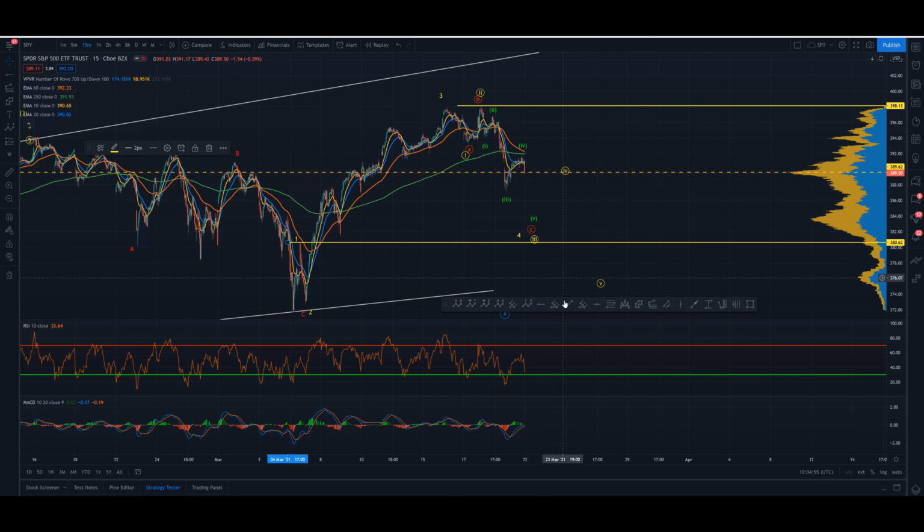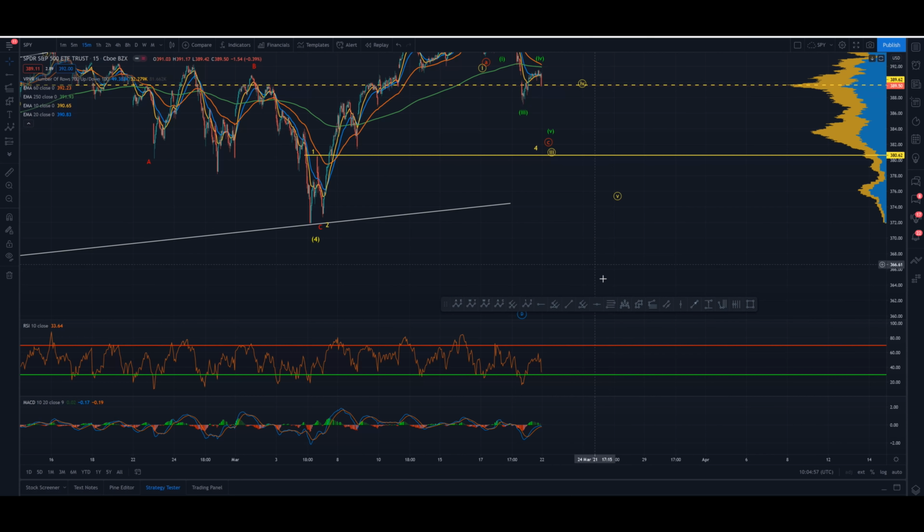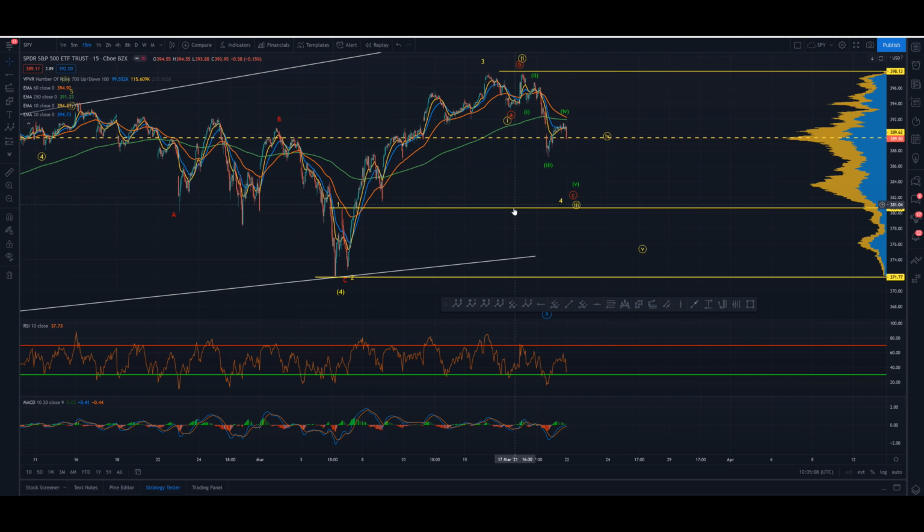If we came down below that level, you can be bearish again. If we come down and take out the previous pivot, which is the wave 4, then we can be very bearish at 371.77. So that's how I see things in the S&P at the moment.